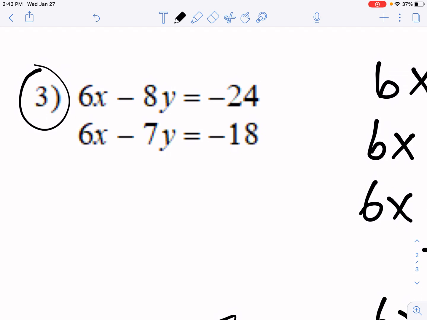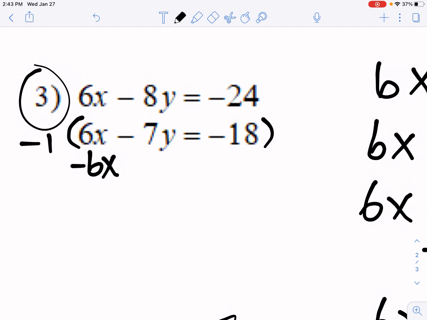So if I multiply the positive 6 in the bottom equation by a -1, that's going to give me -6x. Notice that now gives me opposite coefficients. I now have a positive 6 and a -6, okay? So when we add the two together, the x values will cancel out.